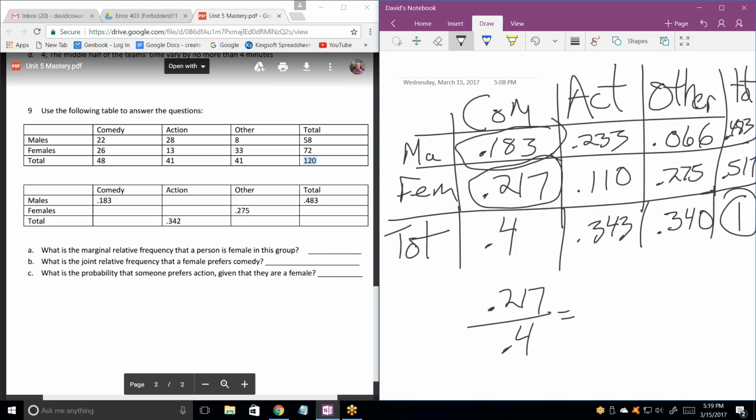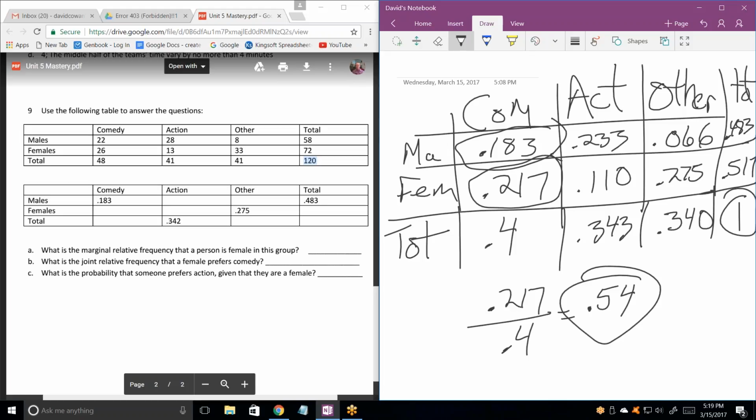In other words, females like comedy a little bit more than males do. And that number is going to come out to what? What's 0.217 divided by 0.4? 0.54. So that's probably the relative frequency that a female prefers comedy.